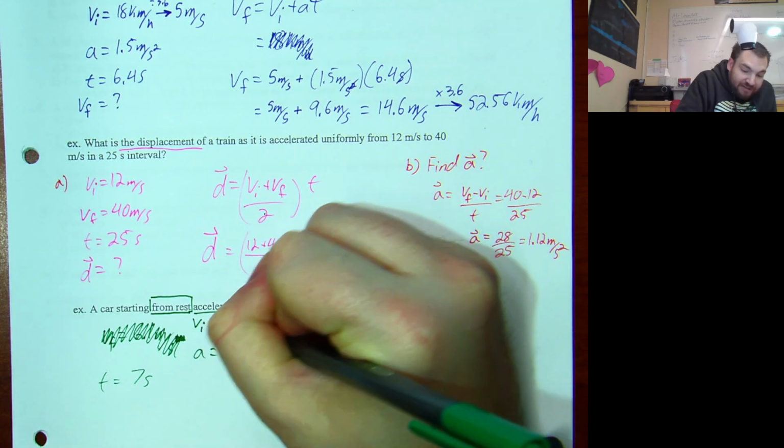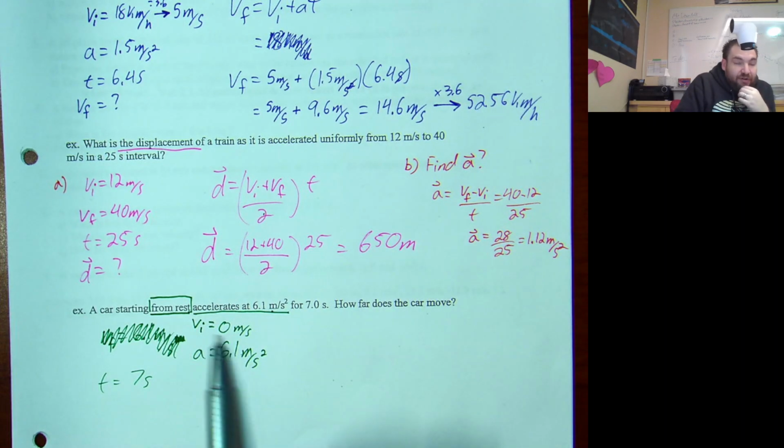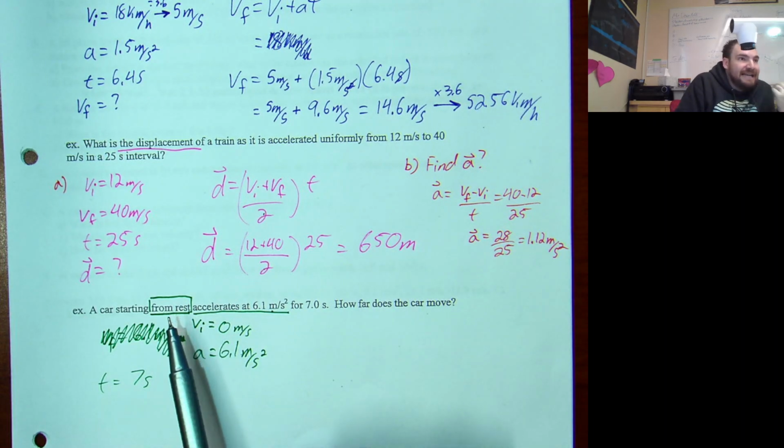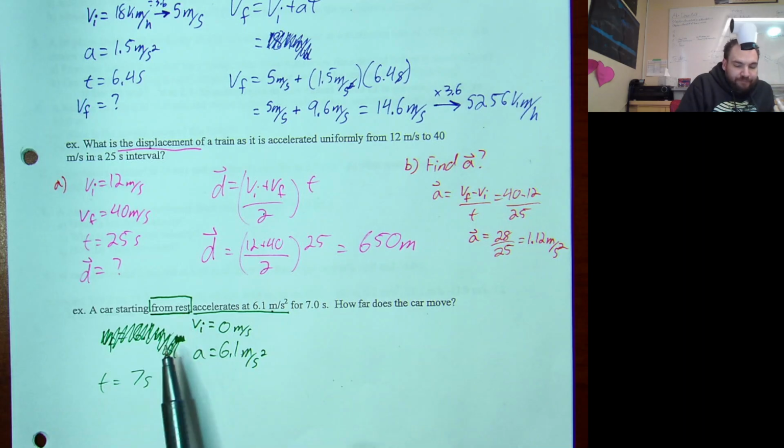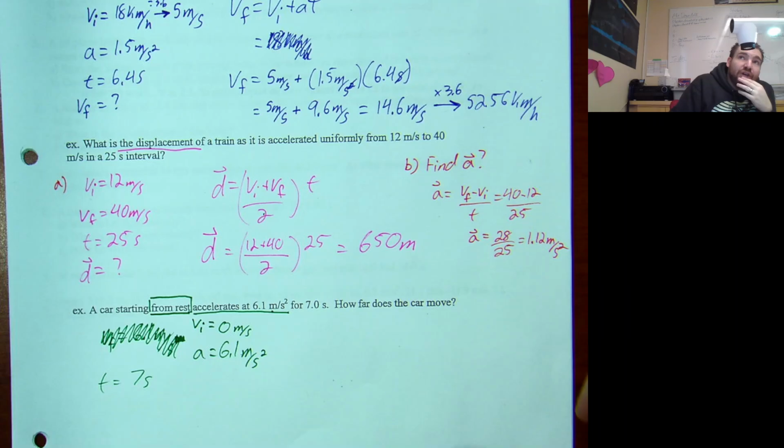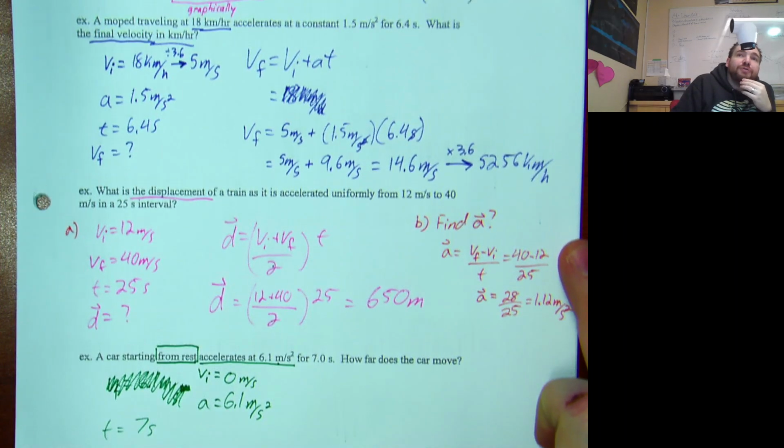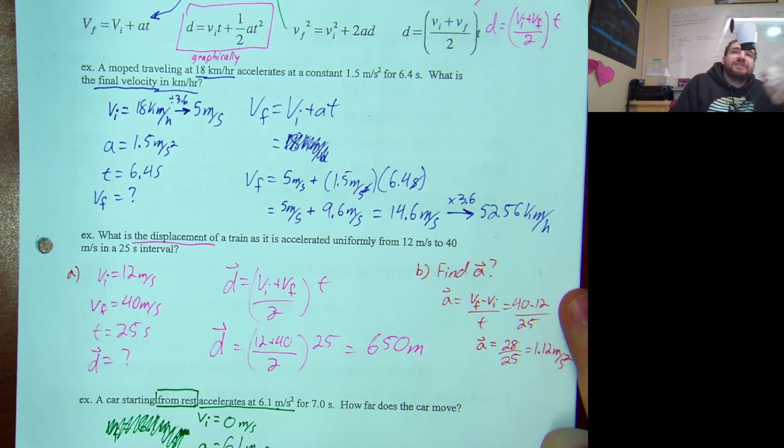And my initial velocity is VI equals 0. That from rest piece means initially I'm not moving. So now to find out how far the car goes, which kinematic equation am I going to use?